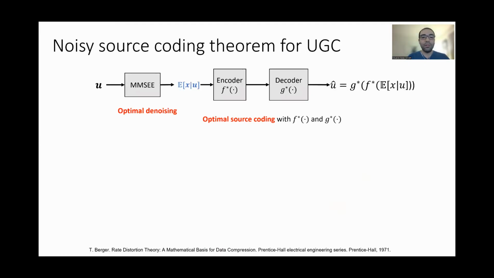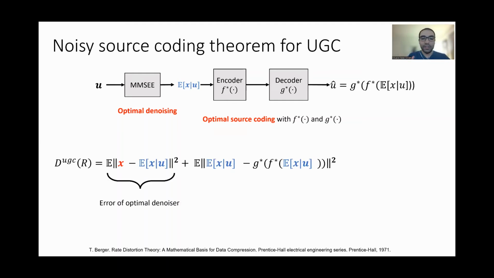Okay. So in a nutshell, the noisy source coding theorem tells us that you take the UGC signal, you apply optimal denoising, and then you encode this optimally denoised signal using an optimal source code with encoders F star and G star.